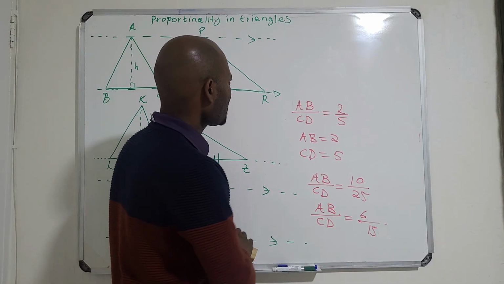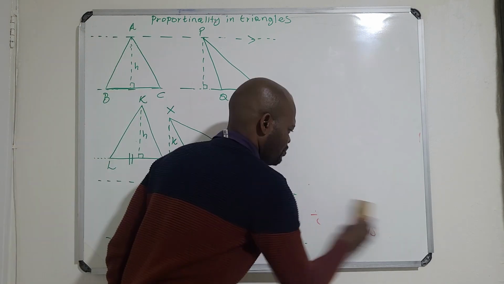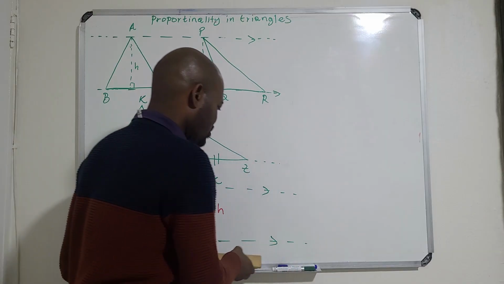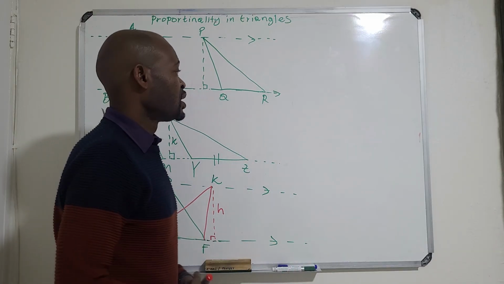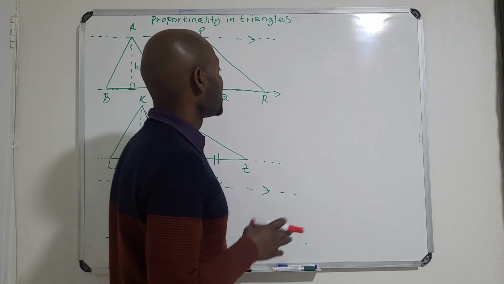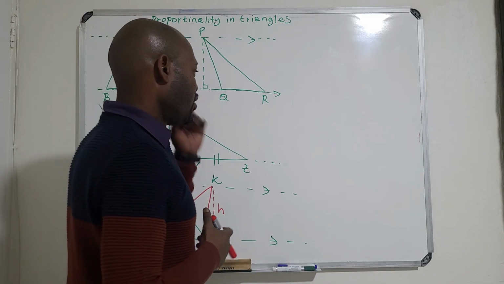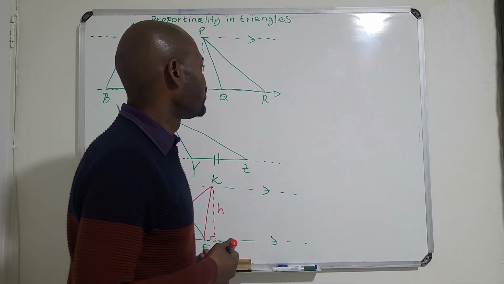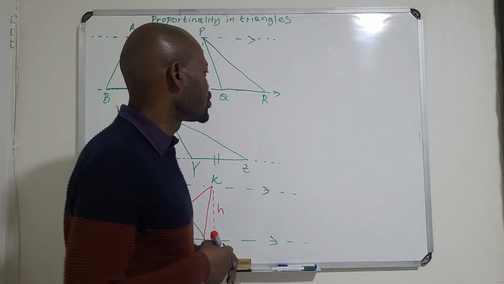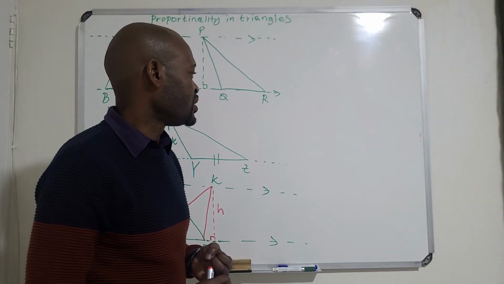Now, I want us to look at proportionality in triangles. Before I can start with proportionality in triangles, I just want to explain some property about the area of a triangle. For any triangle, for us to find the area, we need the height, we also need the base.